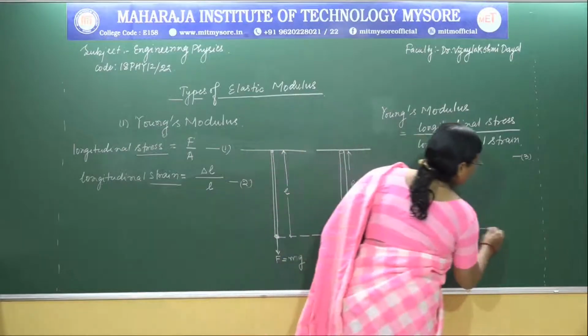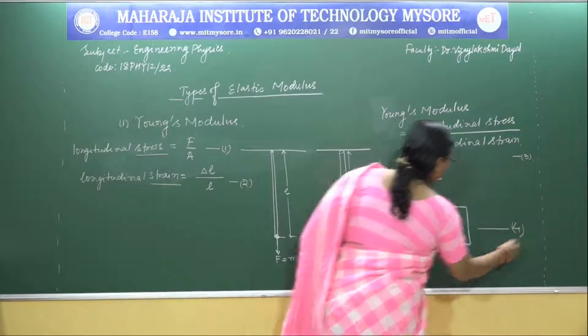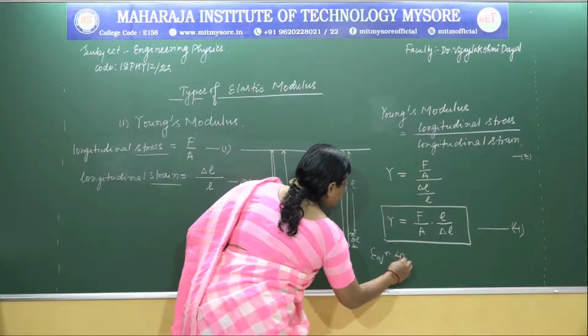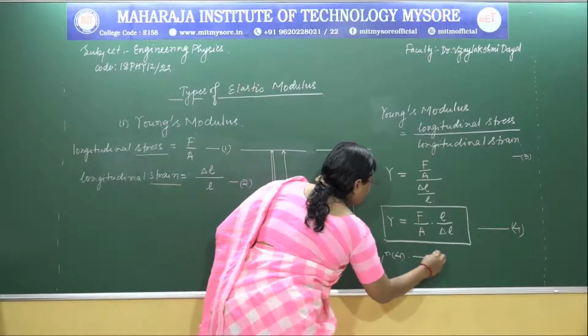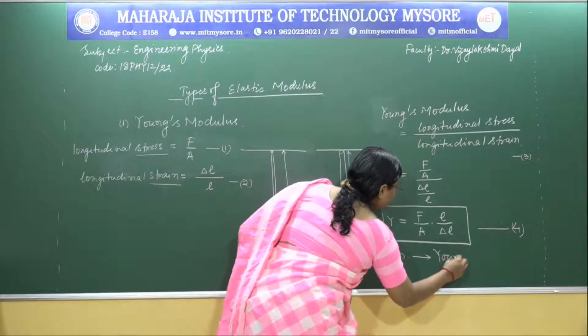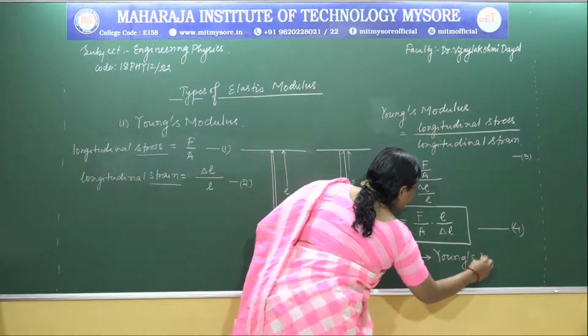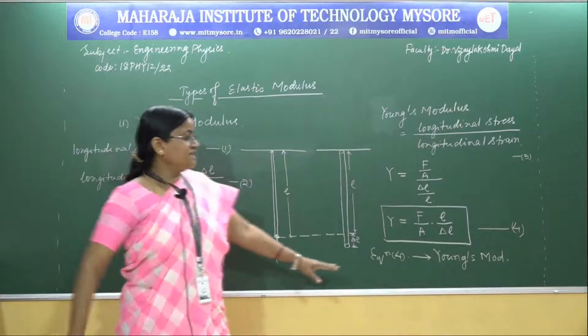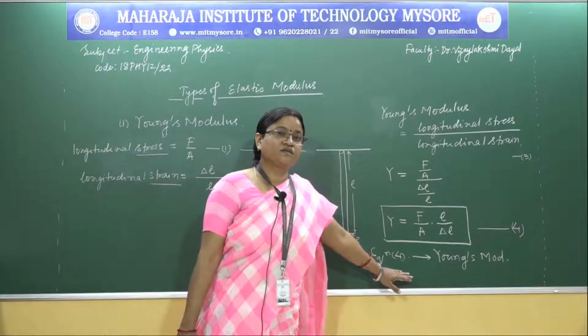Let us call this equation 4. Equation 4 gives the expression for Young's modulus.